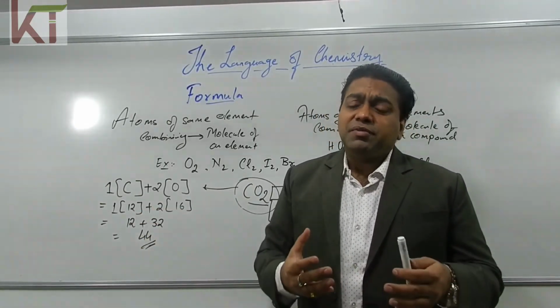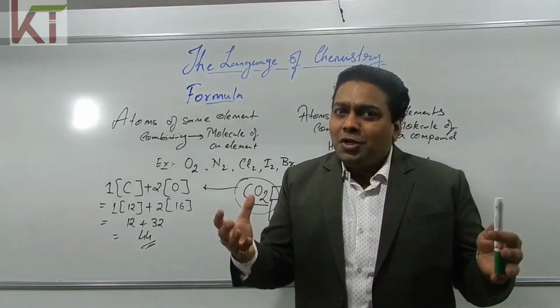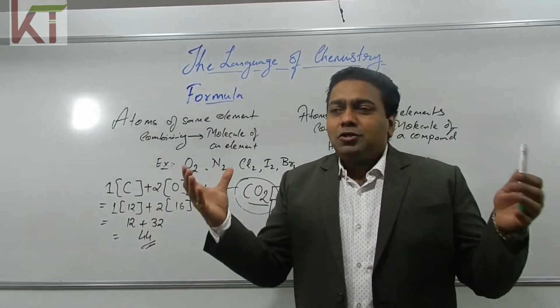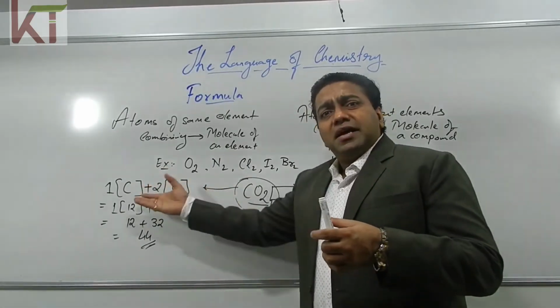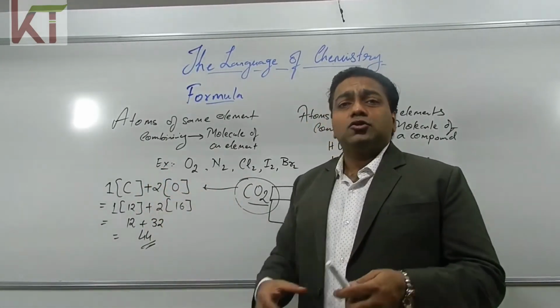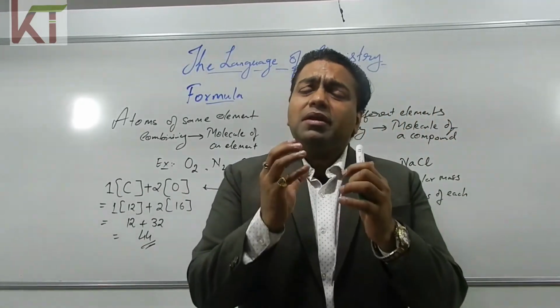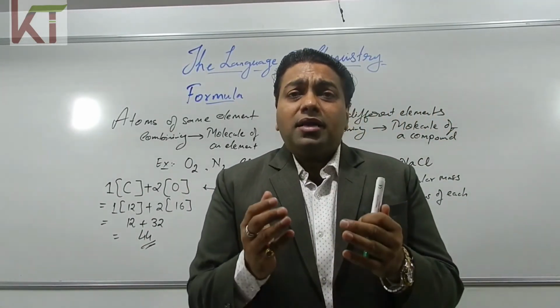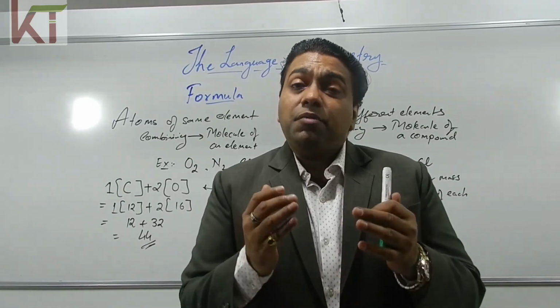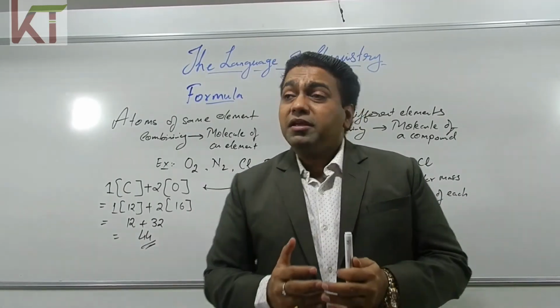These are the information that we get from the chemical formula. So now, isn't chemistry simple and easy? Because so many different elements and atoms are combining and you get so much information from one simple chemical formula. So see the importance of symbol, the importance of chemical formula, very, very important.